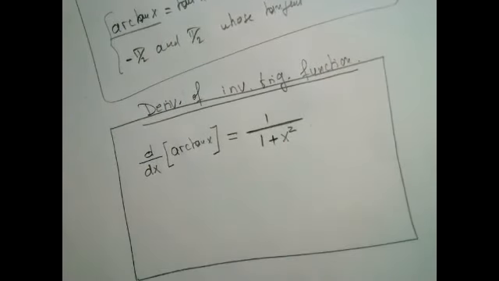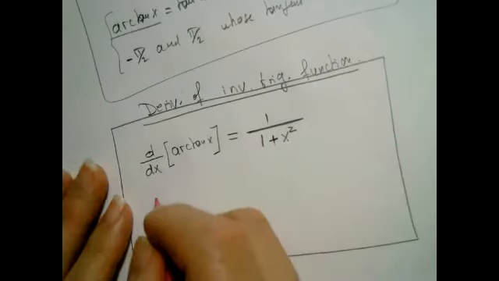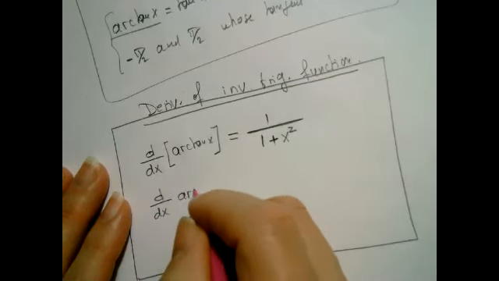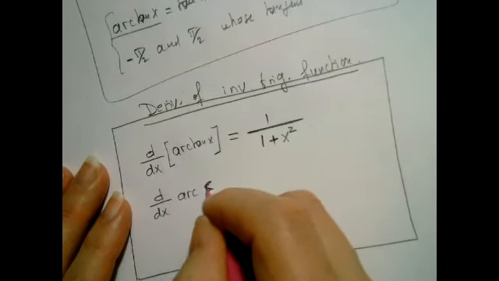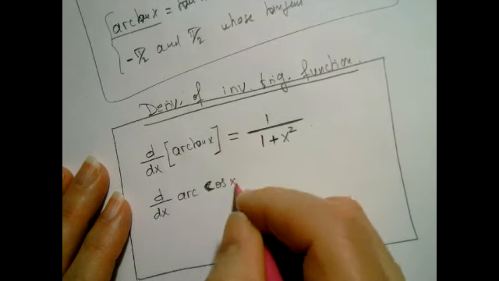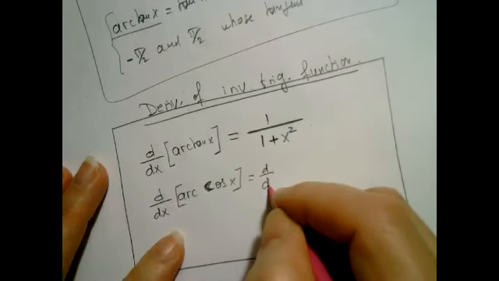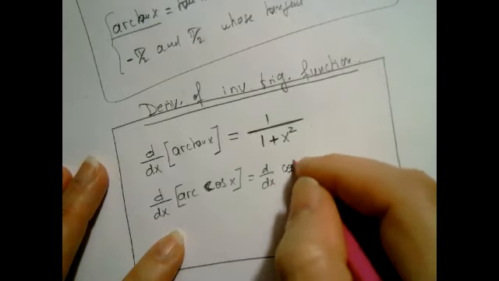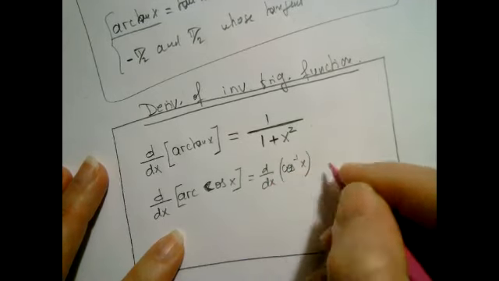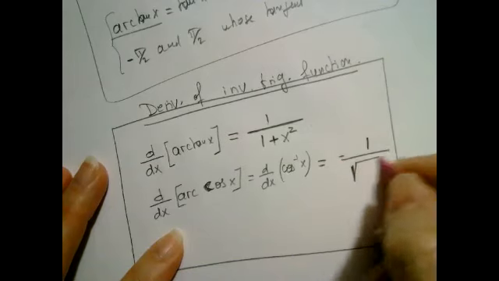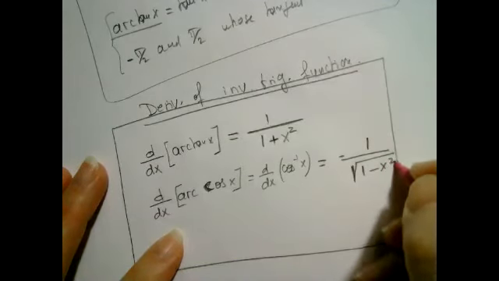Okay, so you just have to memorize those. And the derivative of arc cosine of x, or the derivative of cosine inverse, is minus 1 over the square root of 1 minus x squared.